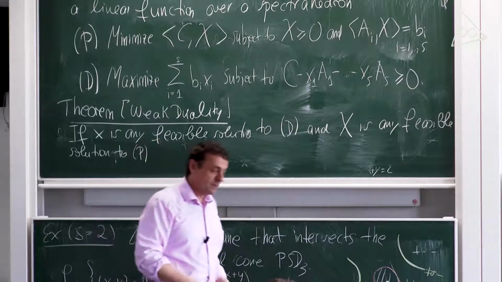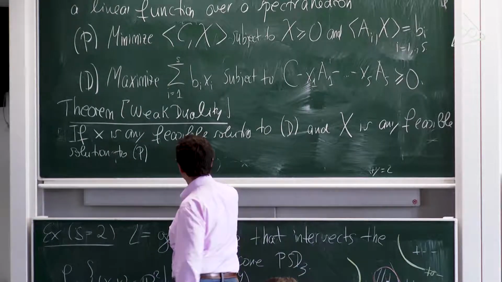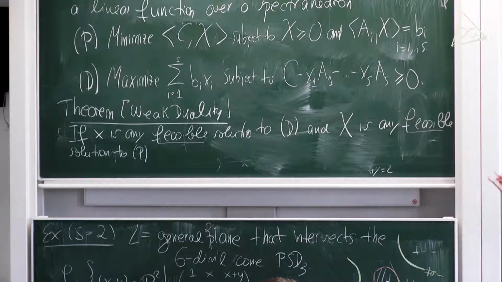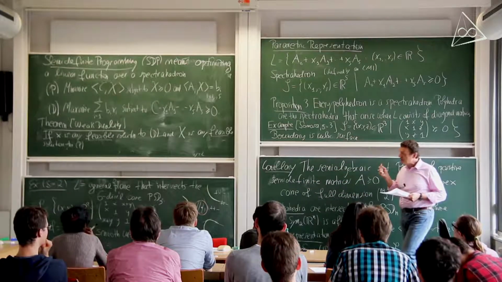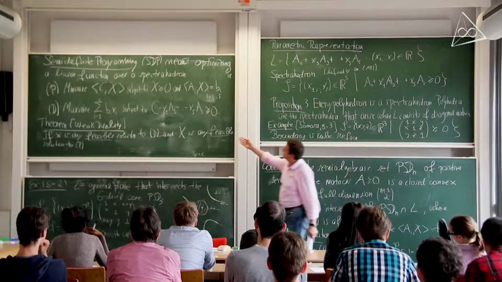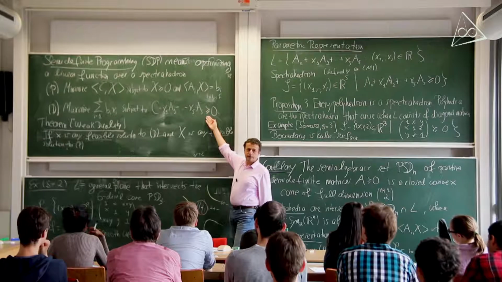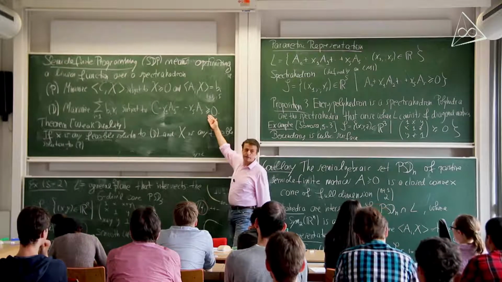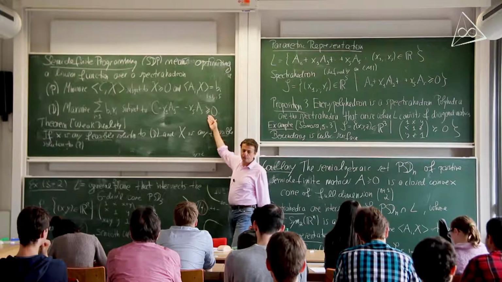Now somebody asked me, rightly so, what does feasible mean? It's very good, please send me questions. It's jargon, so I should have defined this. Feasible simply means that little x satisfies these constraints. Little x is a vector, x1 up to xs, that satisfies the LMI. That's all it means to be feasible.